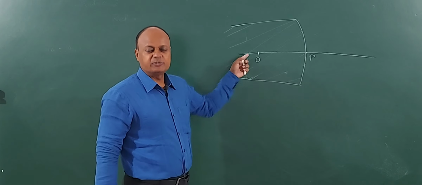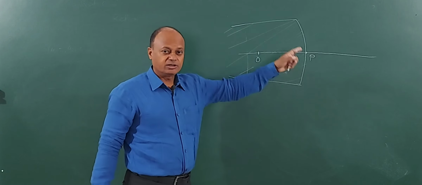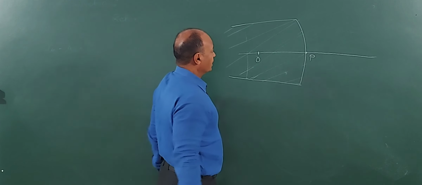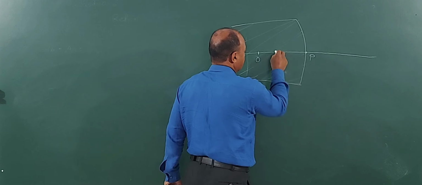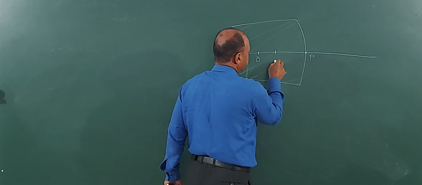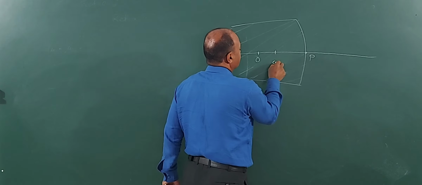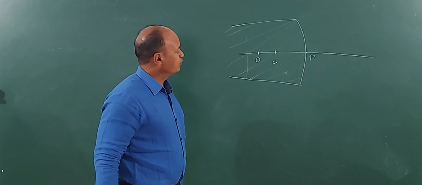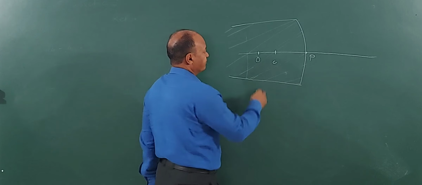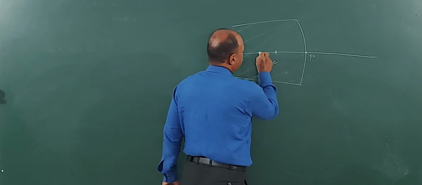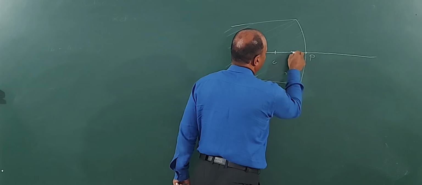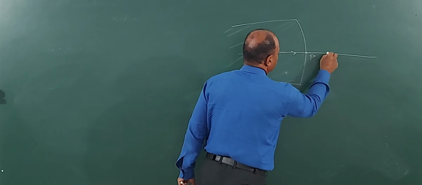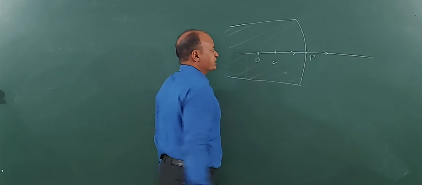Rarer medium, because the rays will be travelling from denser to the rarer medium. I take two rays. Center of curvature is here, C. One ray from O is travelling through the pole. So, what will happen to this ray? This ray will go straight, undeviated.